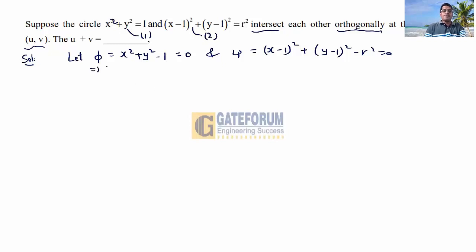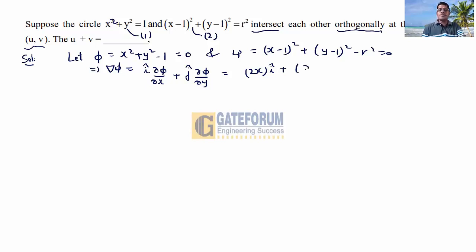So del phi, with two variables, is i cap dou phi by dou x plus j cap dou phi by dou y. The derivative of x square partially with respect to x is 2x, similarly y square gives 2y with respect to y. So 2x i cap plus 2y j cap.